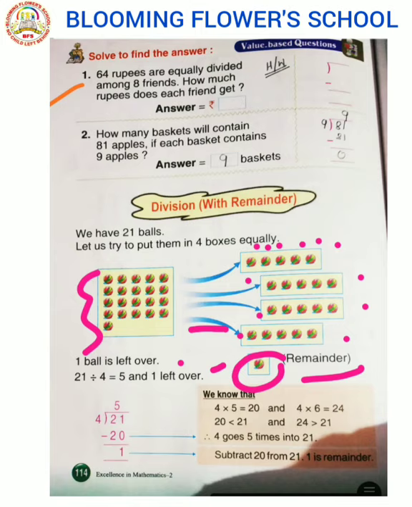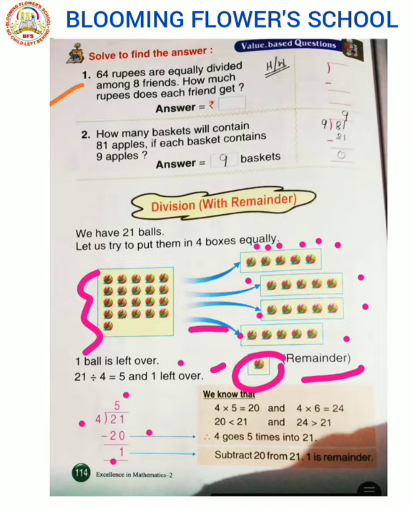So 21 divided by 4 is equal to 5 and 1 left over. Why 5? Because each box has 5 balls. So 1 is left over. We can say that 4 fives are 20, so from 21, if we subtract 20, then 1 is the remainder.